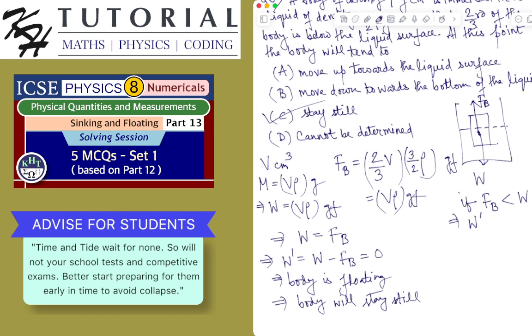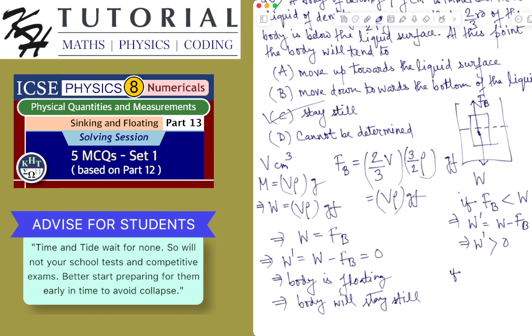If the buoyant force is less than W, then definitely the net force will be downwards, and that net force will be W minus FB. This will imply that W dash will be greater than 0, which means that since the apparent weight is greater than 0, that apparent weight will tend to sink the body further towards the bottom of the liquid.